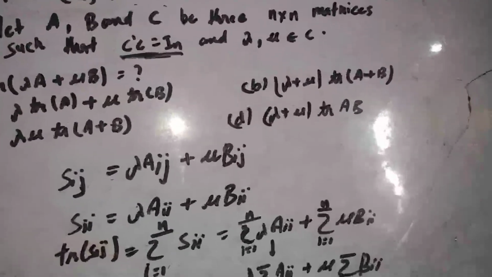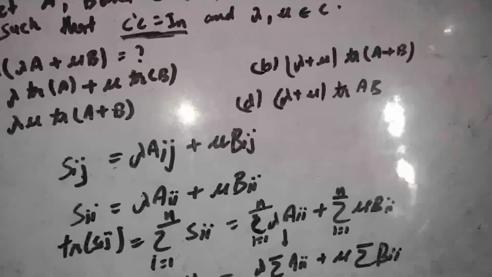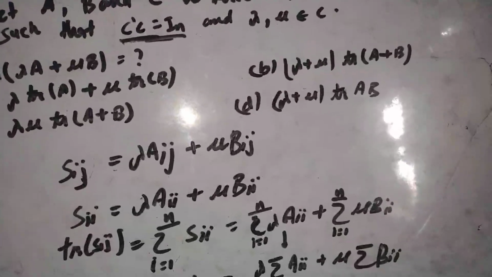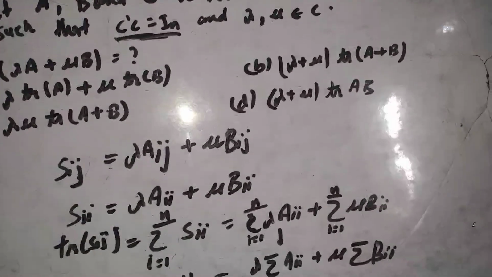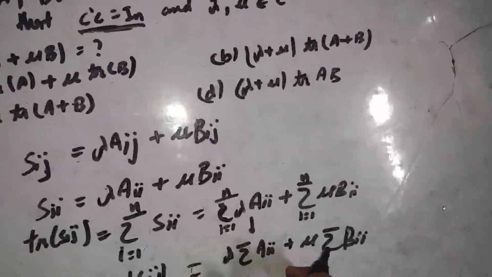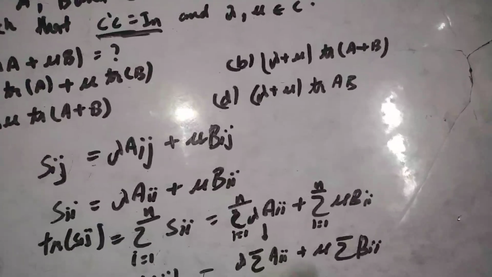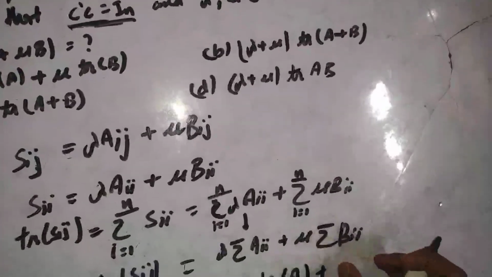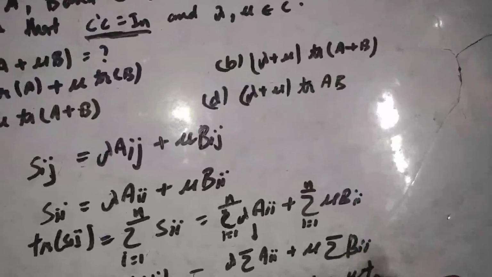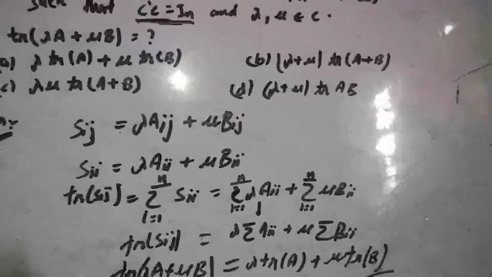Okay, the trace of Sij, and Sij is actually this matrix, so the trace of lambda A plus mu B equals lambda times the summation of Aii, that is the sum of all diagonal elements, which is the trace of A, plus mu times the trace of B. So I think that's option number A in the question.